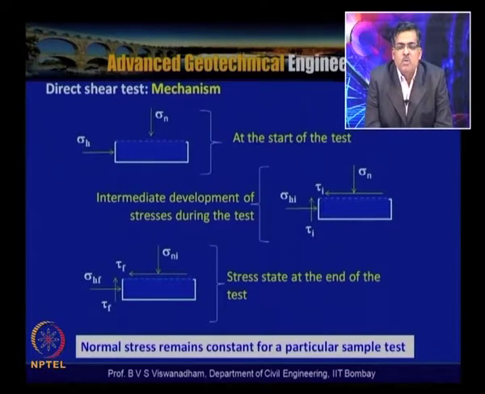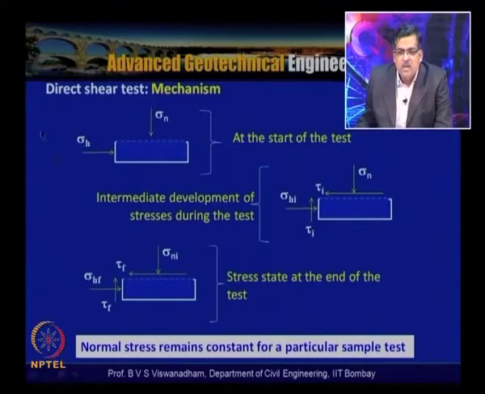But during the test, because of the mobilization of the shear, that particular failure plane can no longer be called the principal plane, the predetermined plane over which the failure is being induced. So there is a chance that in the direct shear test, rotation of the principal planes can occur.